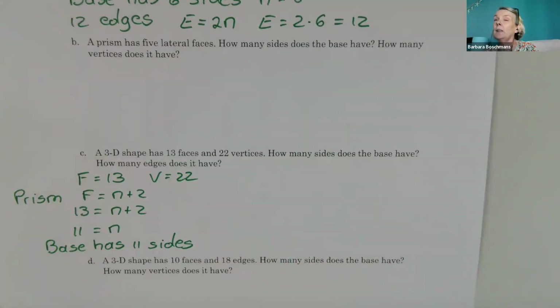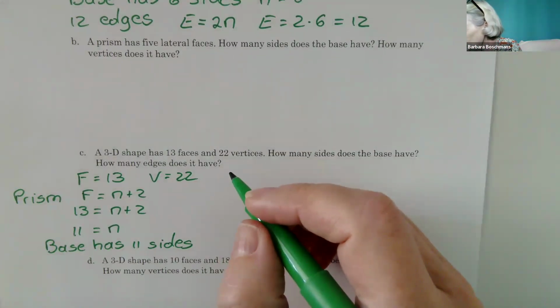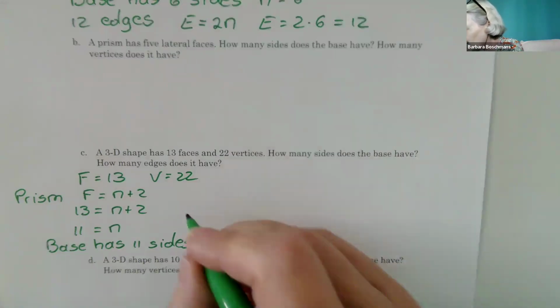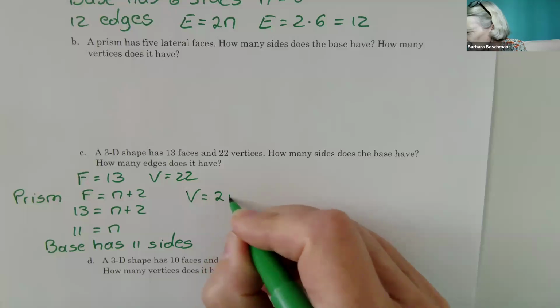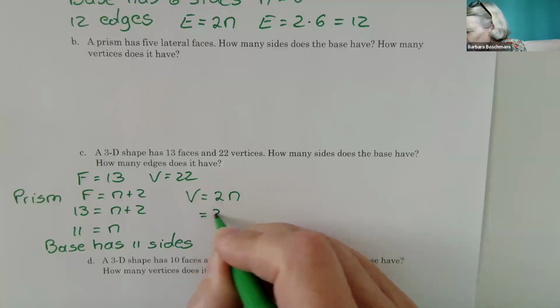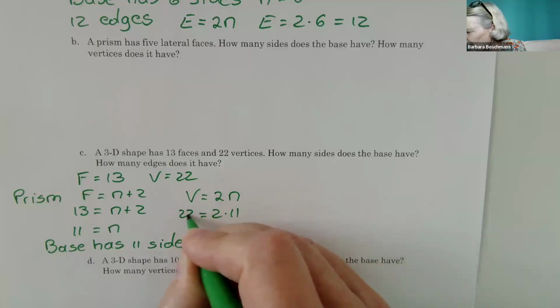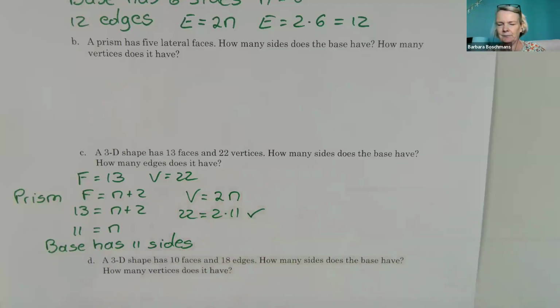So if I were to have 11 sides, I would have 11 vertices at the top, 11 at the bottom. That's 2 sets. So vertices would be 2 times n, 2 times 11 is indeed 22. And I'm going to double check that my number of vertices is 2 times n. So the base has 11 sides.